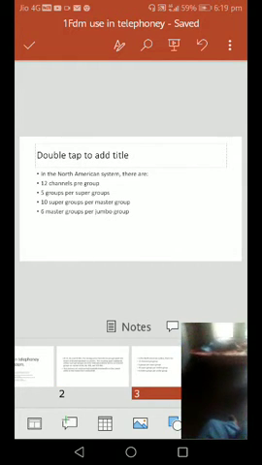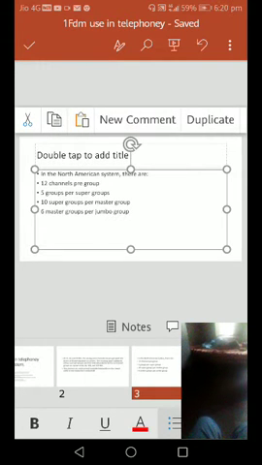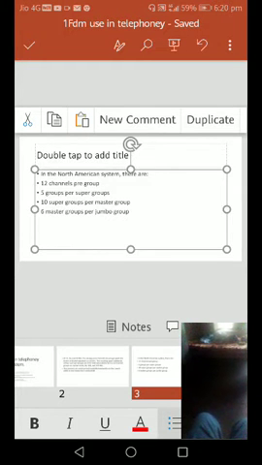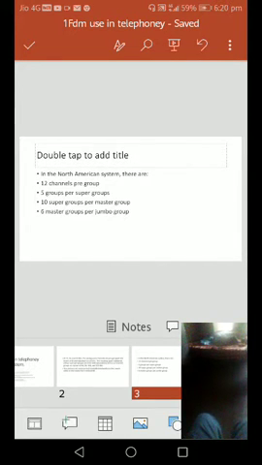Then in North American systems, three groups are divided into 12 channels, super groups are divided into 5 groups, and master groups are divided into 10 super groups. A jumbo group is divided into 6 master groups.